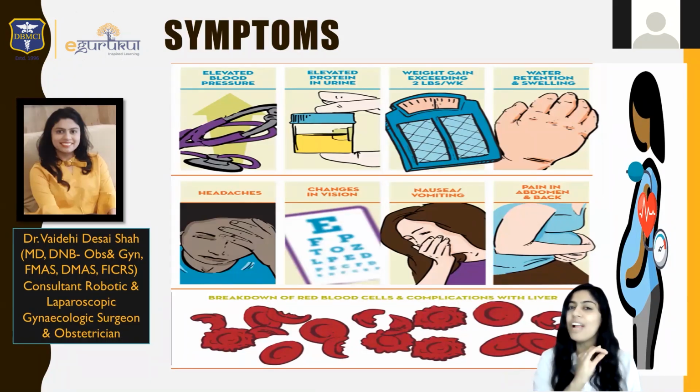So virtually every organ system in the body can be affected by preeclampsia. That is why it can give rise to a varied presentation. Not all patients with preeclampsia present with hypertension and proteinuria. There are other organs which can be damaged, and that is why there has been a drastic change in the definition and terminology of preeclampsia.